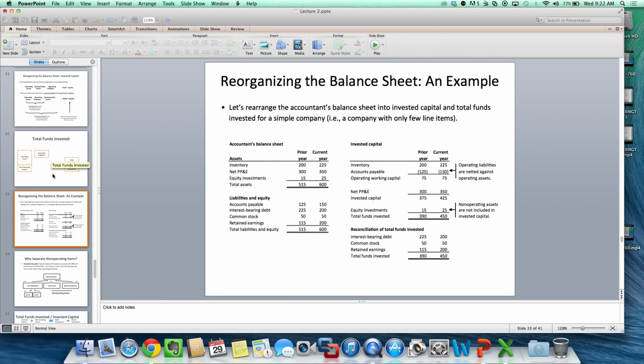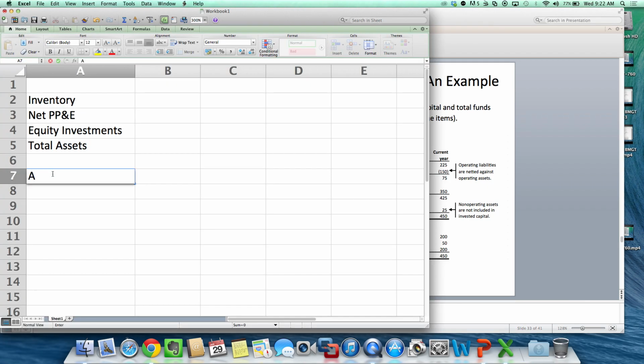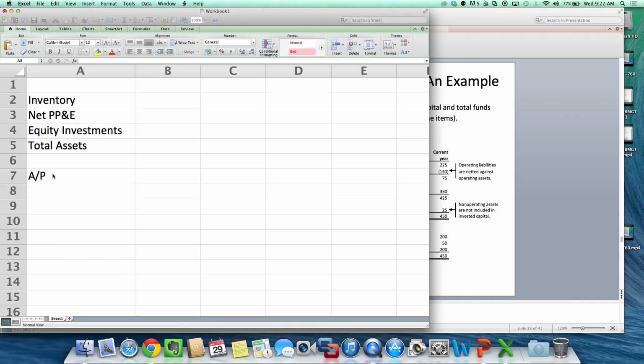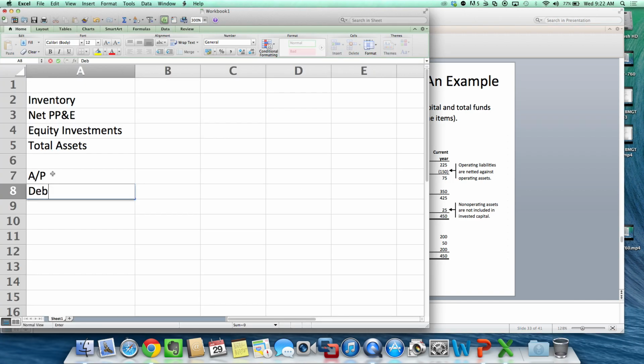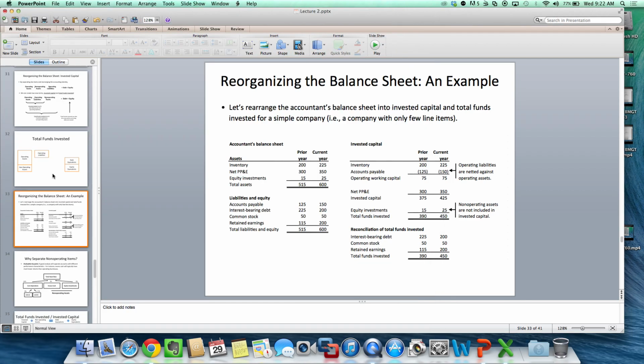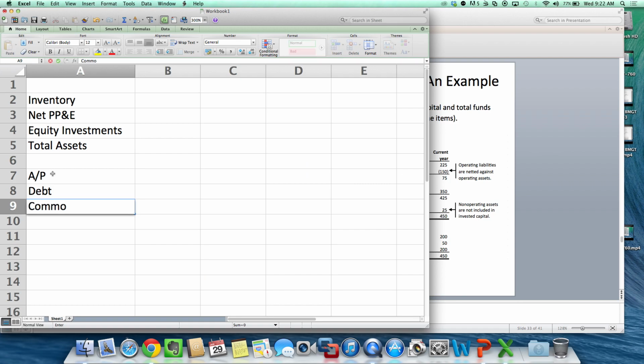And then we have accounts payable, debt, common stock, and retained earnings. All right.